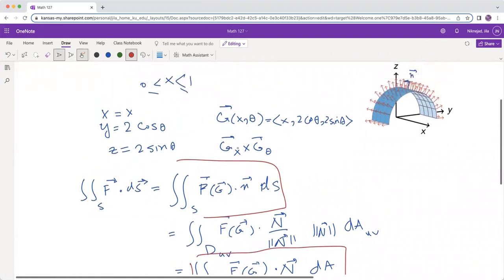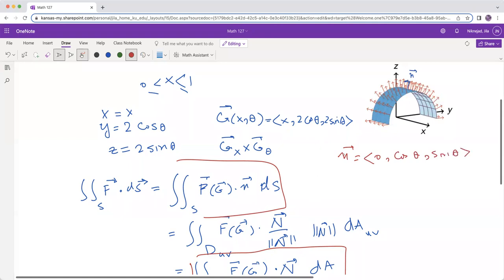In this situation, computing g sub x cross g sub theta may not be the best plan of action. Why? Because I know the outward normals for this type of surface. For cylinders, the normal vector is just 0 for the free variable, and then cosine theta and sine theta for the others.